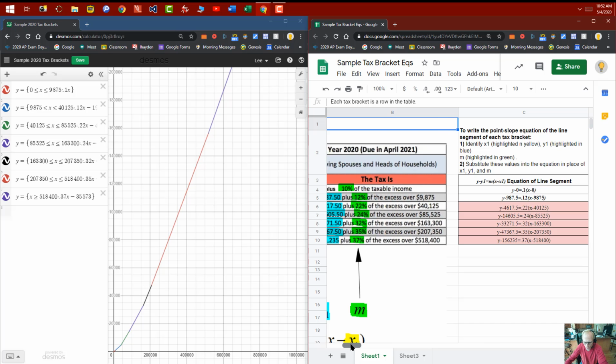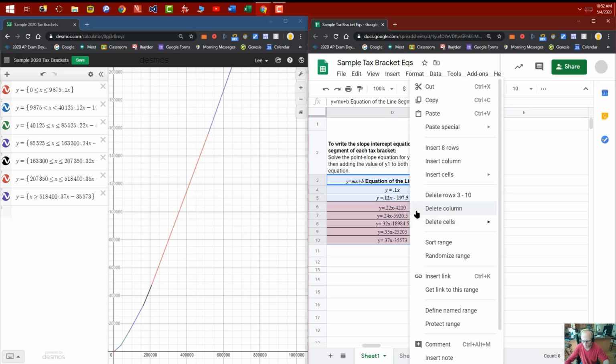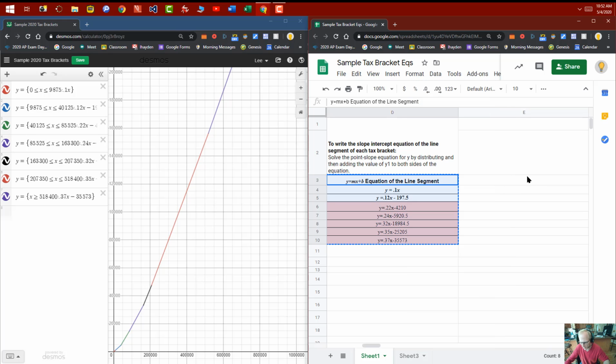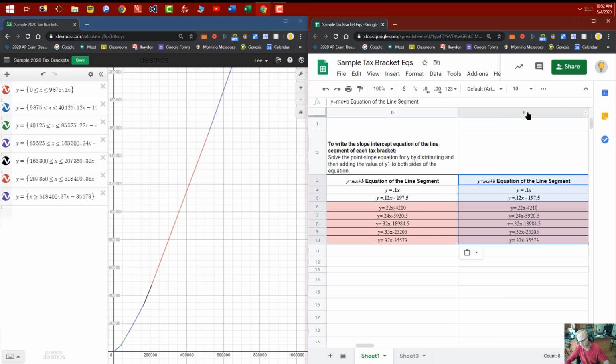So to convert the slope-intercept equation of taxable income into one of gross income, we're going to translate or shift the graph 12,400 to the right, and every point on the graph is going to be shifted that much.